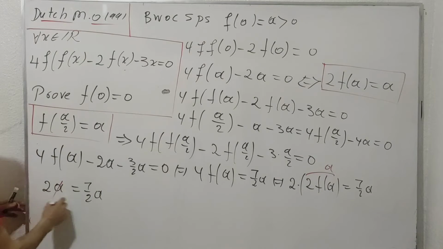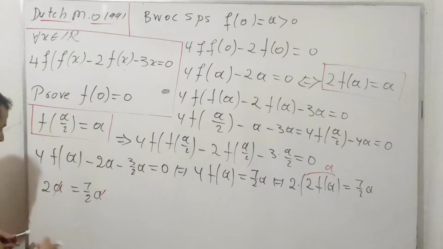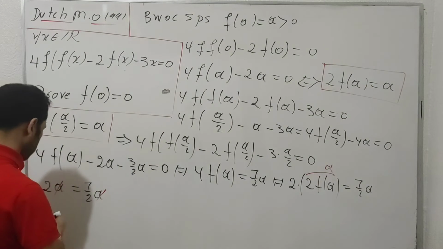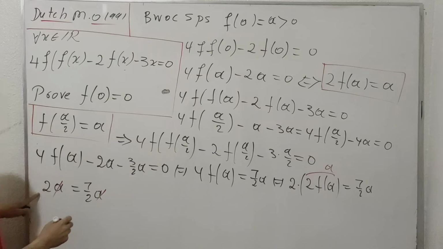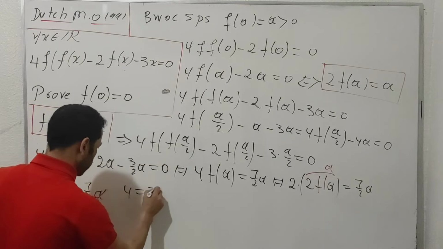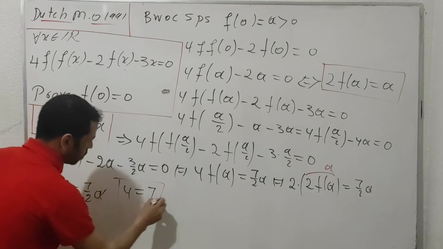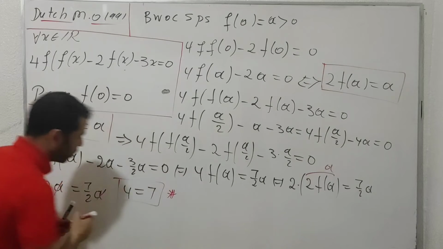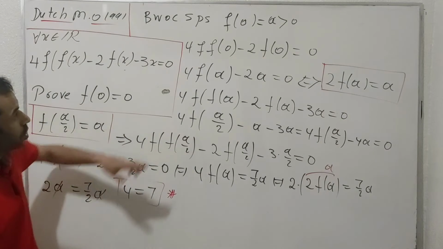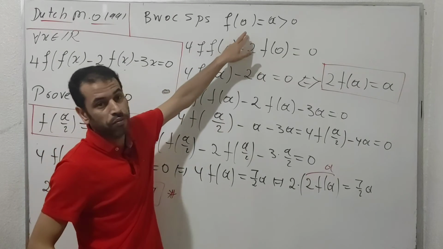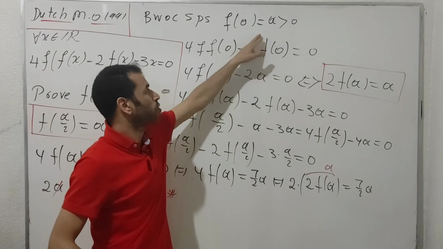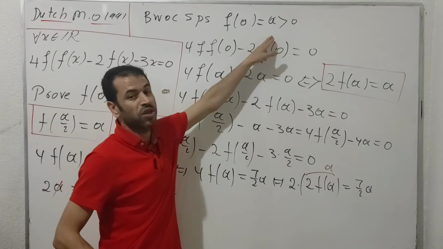By cancelling out a from both sides, I will get 2 multiplied by 2, I get 4 equals 7. This is a contradiction. Okay, so this case doesn't work. That means our assumption was wrong. F of 0 equal a strictly greater than 0 is impossible.